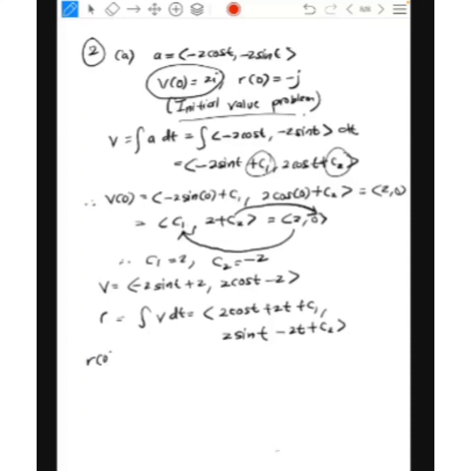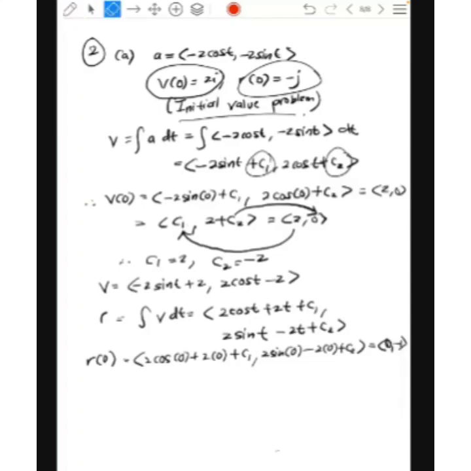Alright, so r0 is negative j. So substitute 2 cos 0 plus 2 times 0 plus c1, and 2 sin 0 minus 2 times 0 plus c2. Everything equals negative j, which is 0, negative 1.